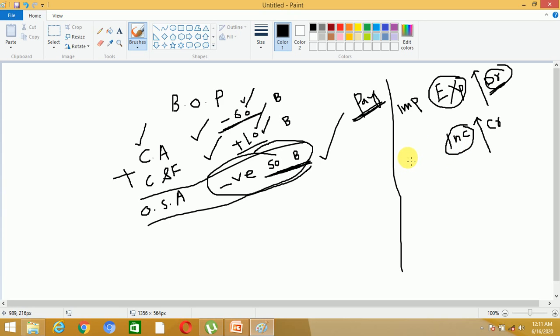Exports is an income. And an increase in income is credit. Revenues, an increase in revenue, is credit. It is basically receipt. Receipt means receiving money.